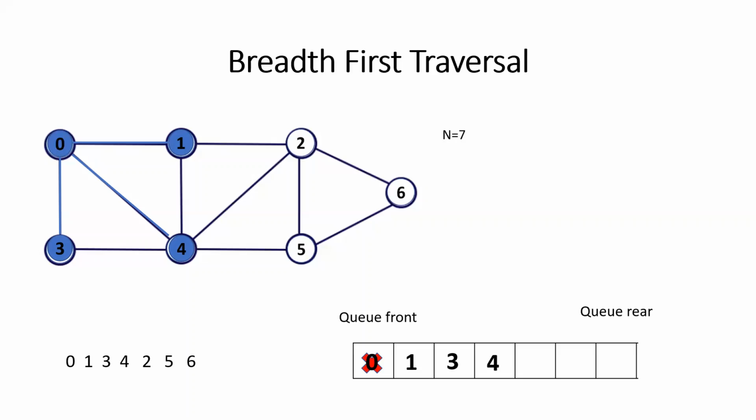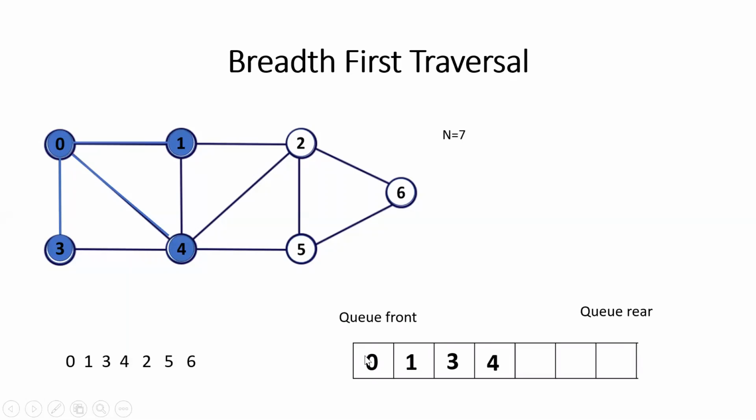Now which is at the front of the queue? Which vertex? Ma'am, I didn't understand. 1. Okay. So when we finish exploring all the adjacent vertices of the vertex which is in front of the queue, which is in front of the queue? 0, ma'am.